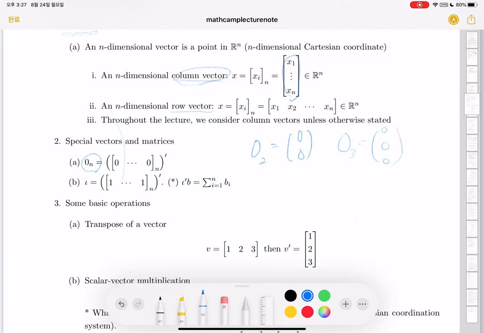If the dimension is obvious and it is clear that this 0 is a vector, we can just use 0. So 0, depending on the context, may mean a numerical value 0, a scalar 0, or an n-dimensional 0 vector.